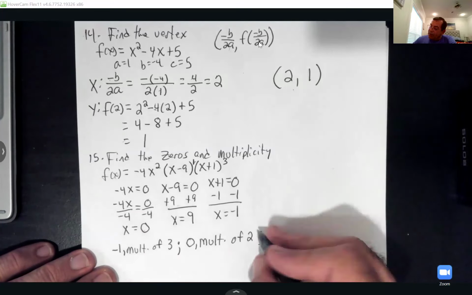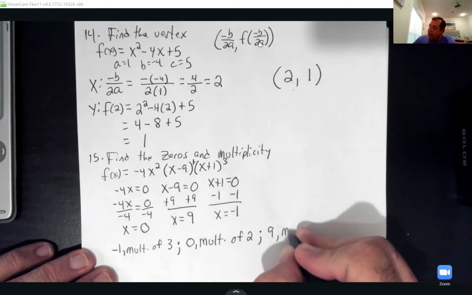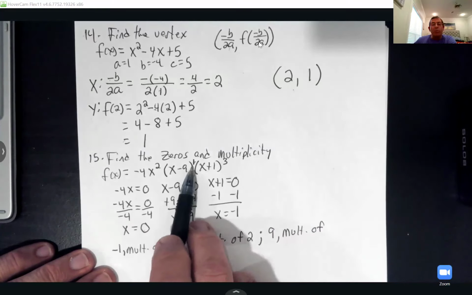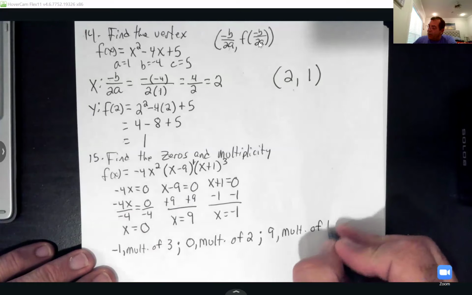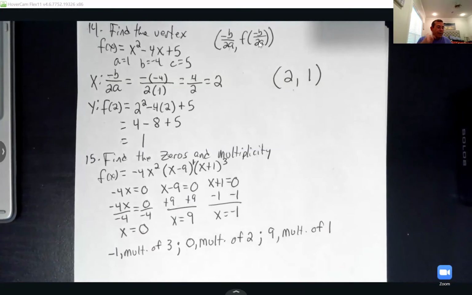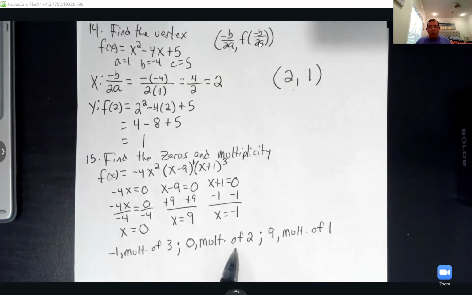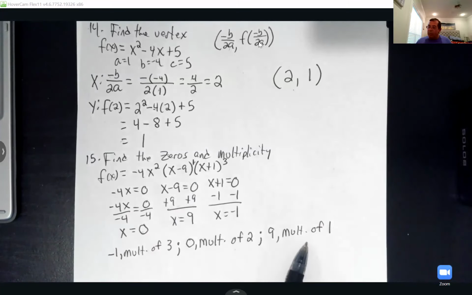And then my last 0 is 9. And it had a multiplicity of, whoops, there's the one you told me to put a 1 on. Okay, so they listed 0 multiplicity, 0 multiplicity, and then the 0 multiplicity.